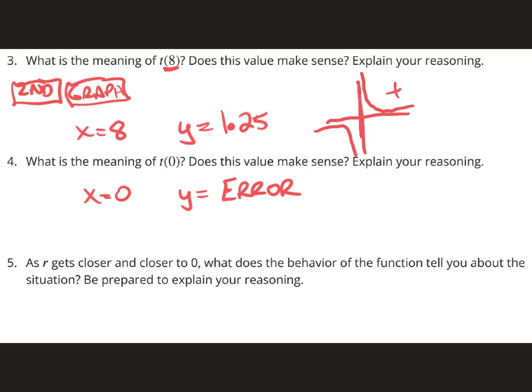As you approach 0 from the positive side, you go this way, the end of the graph goes to positive infinity. As you approach x from the negative side, the end of the graph approaches negative infinity. Because they go to two different infinities, we say dividing by 0 does not exist.